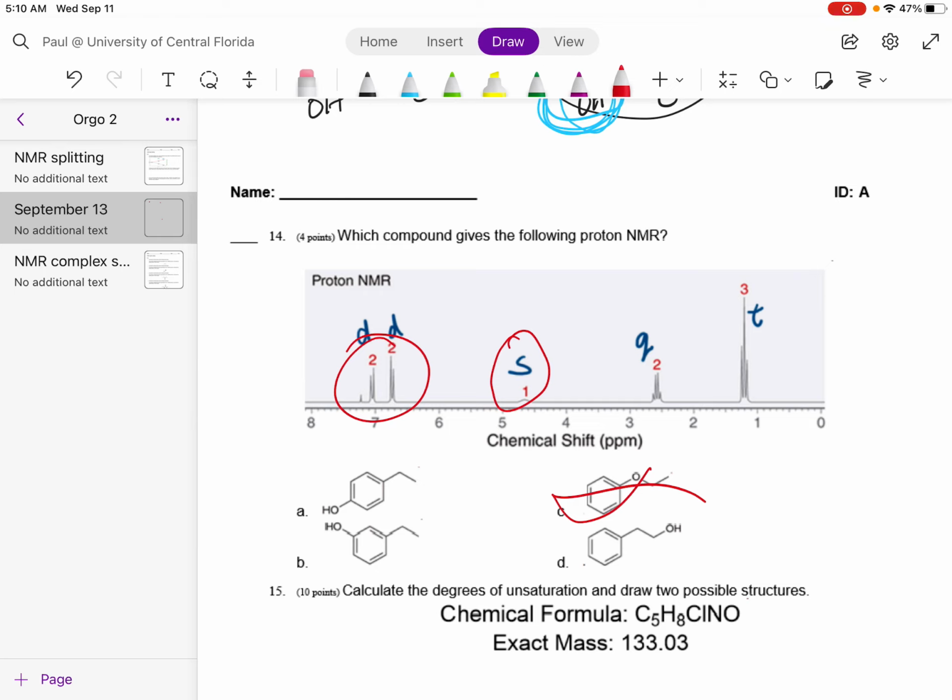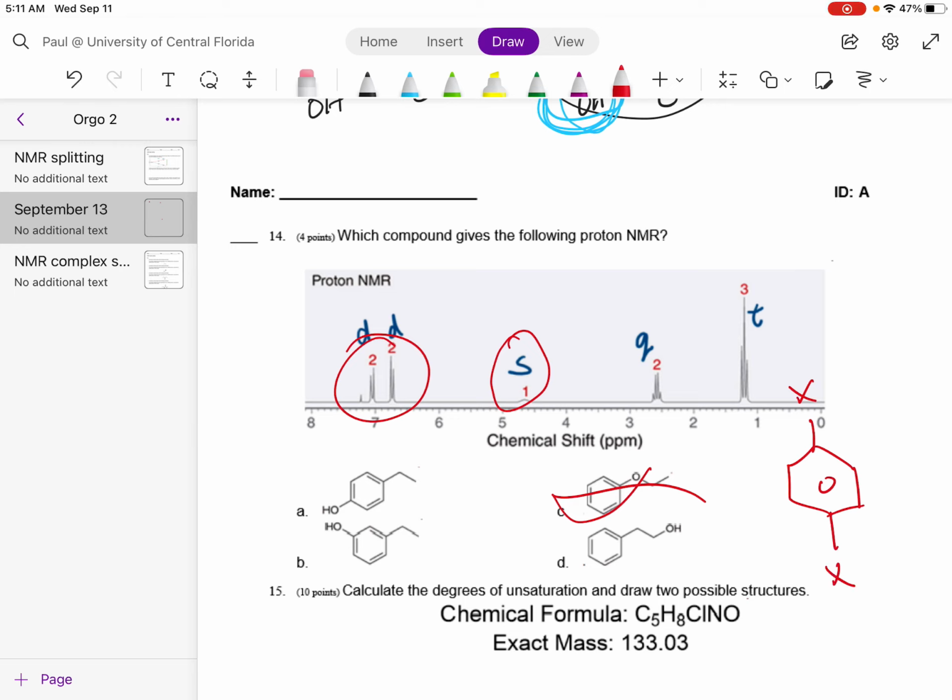So that's implying that we have a benzene ring. But look at what the splitting pattern is. We have a doublet and a doublet. So that is implying that when you have a benzene ring, well, let's draw it over here. What type of substitution pattern do you have?